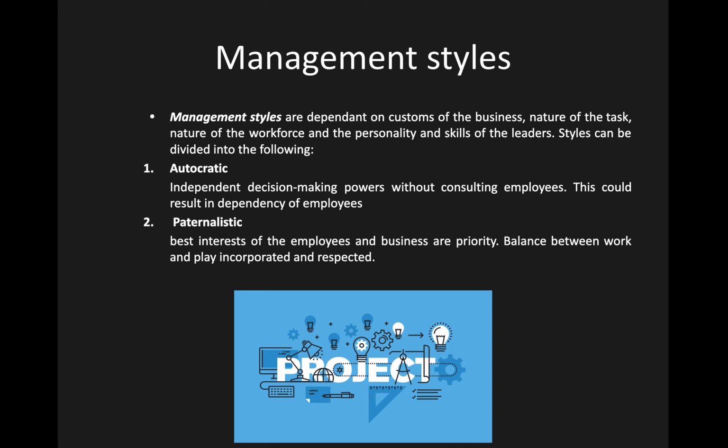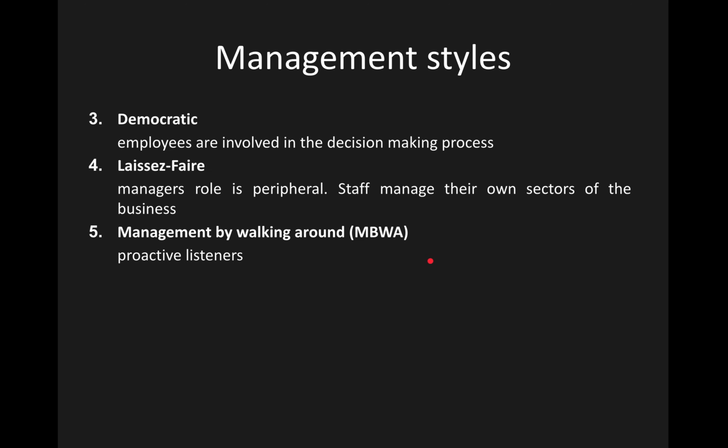Paternalistic: the best interest of the employees and business is a priority, so a balance between work and play is incorporated and respected. Democratic: here employees are involved in the decision making process. Management by role is peripheral: staff manage their own sector of the business. And management by walking around is proactive listening.